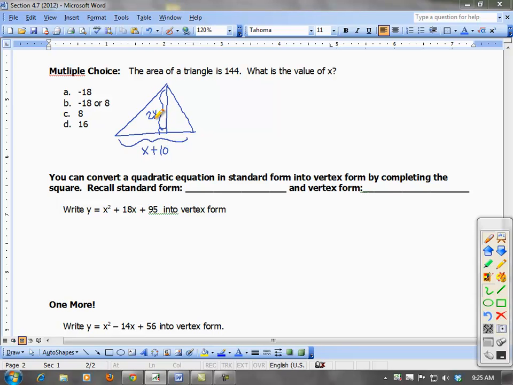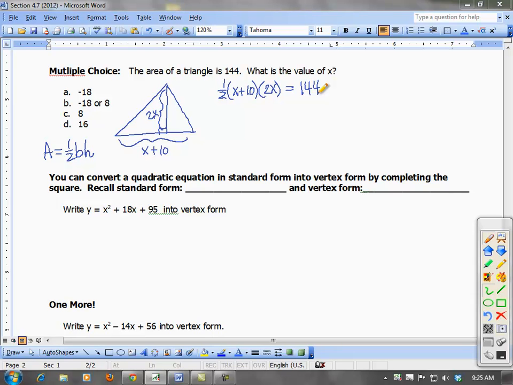Now, let's talk again about area of a triangle. In order to find the area of a triangle, it's 1/2 times base times the height. So if I look at this, I have 1/2 times the base, which is x plus 10, times the height of 2x equals 144 according to my problem. Now I'm going to simplify this a little bit. Multiplication, it doesn't matter what order you do them.